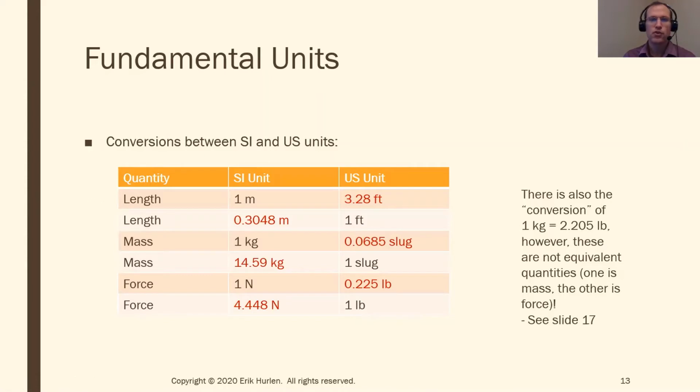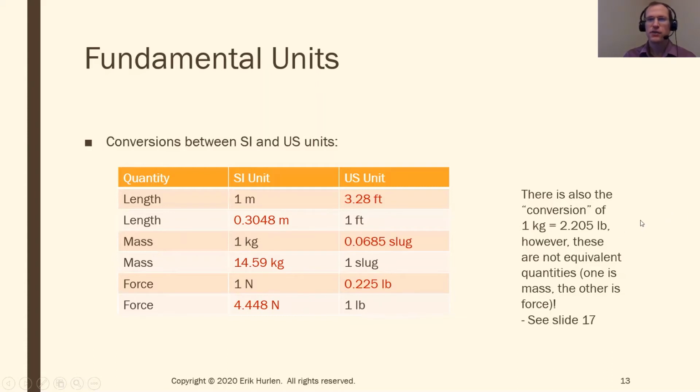It's about 10% more than a yard. If you want to go the other way, 1 foot is about 30.5 centimeters. For mass, 1 slug is about 14.5 kilograms. In terms of force, 1 newton is a little less than 1/4 of a pound, or 1 pound is about 4.5 newtons.